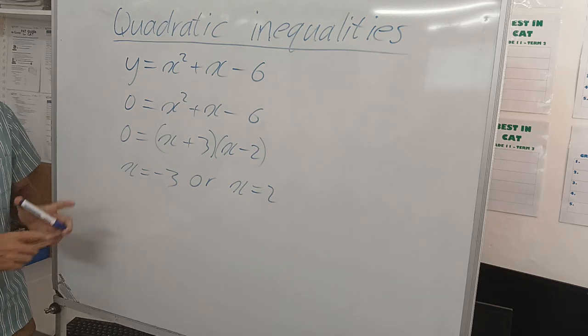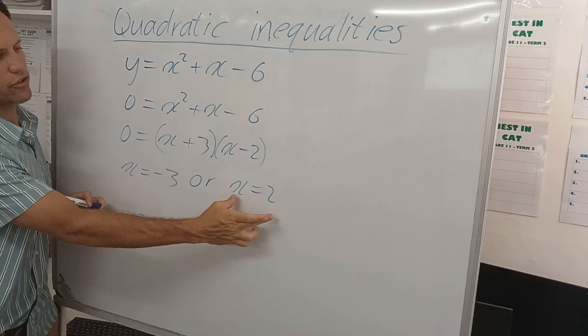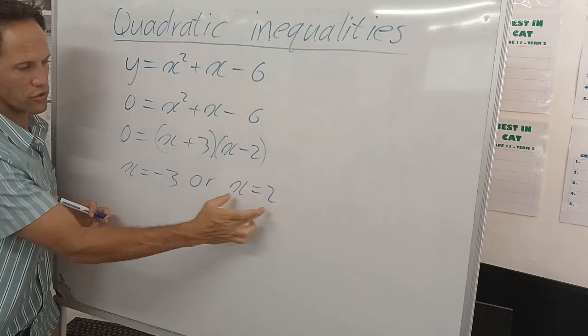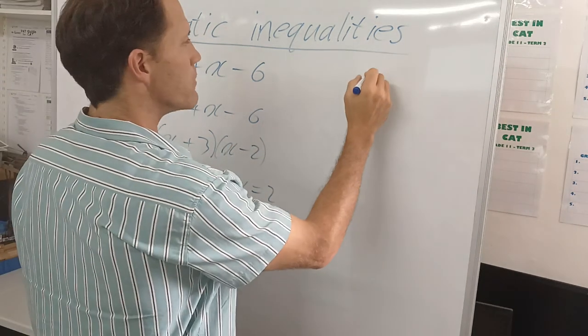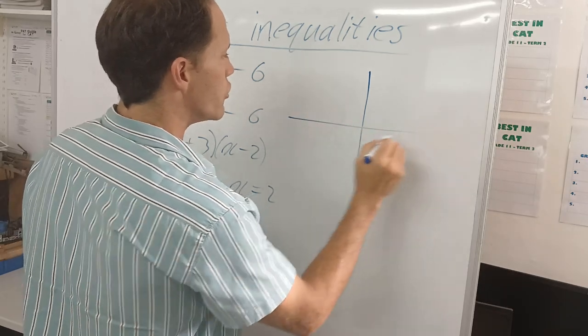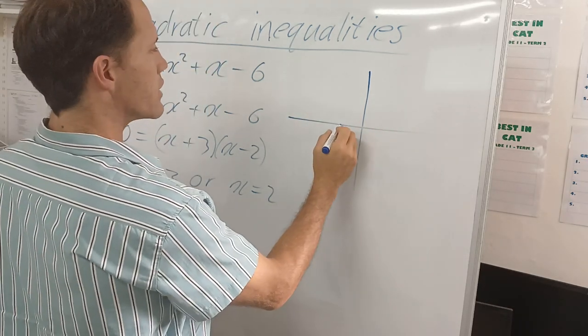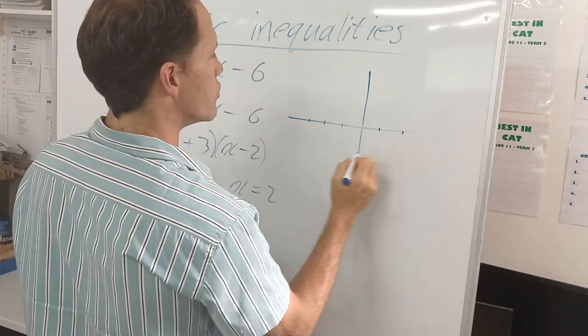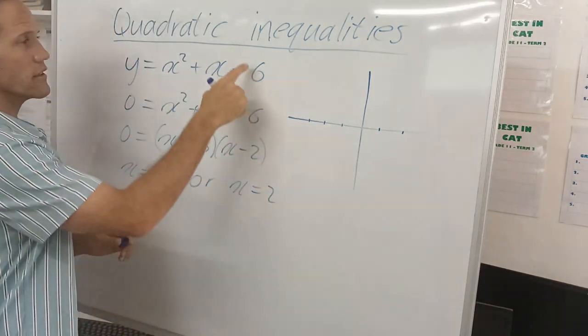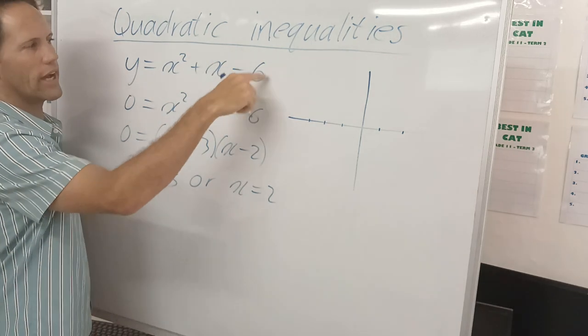If those are your x values, remember we said these are your roots, your x-intercepts. So if you want to make a rough sketch, you can mark negative 3 and 2, and then the y-intercept, which we're going to talk about more later, is negative 6.